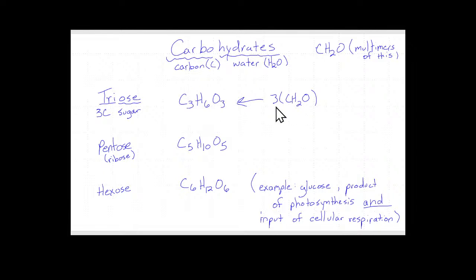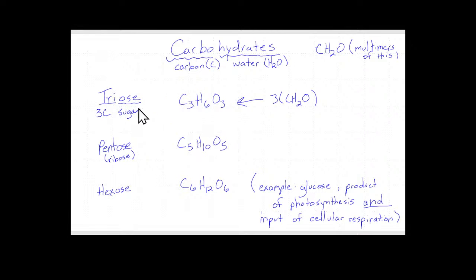So you get C3H6O3. Then, just like multiplying 3 by this carbohydrate core, pentose sugars also follow that, but this time pent means 5, so we have 5 carbons. H2 times 5 is H10, and O times 5 is O5. So pentose oftentimes will have C5H10O5, somewhere in that ballpark.